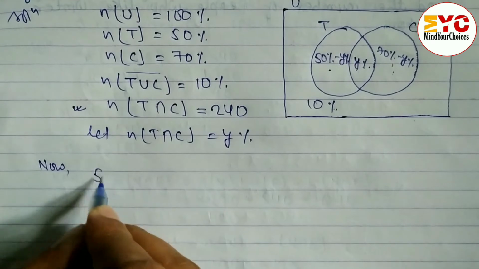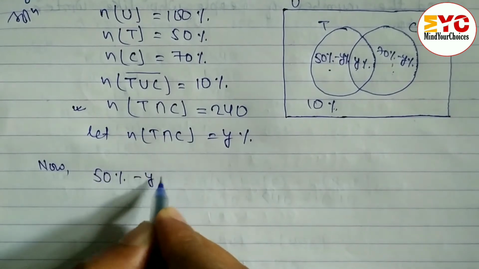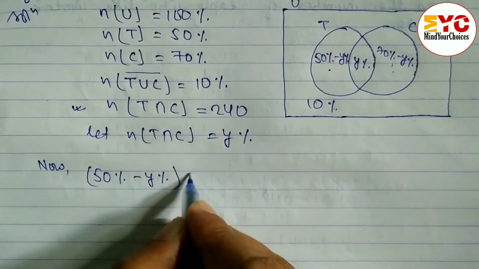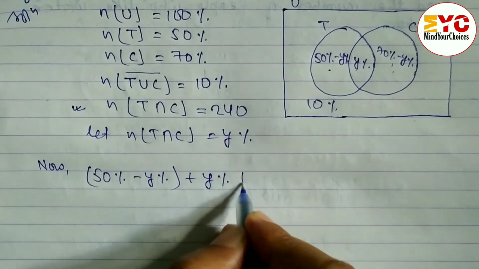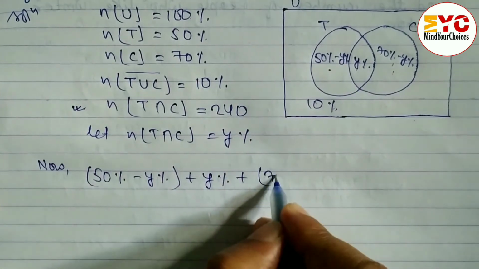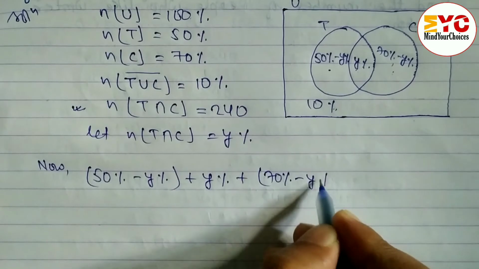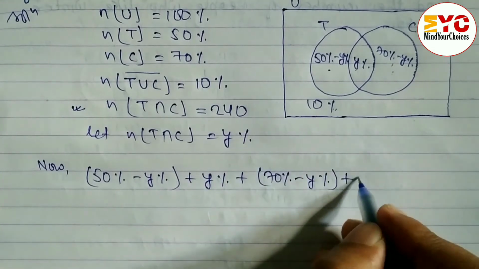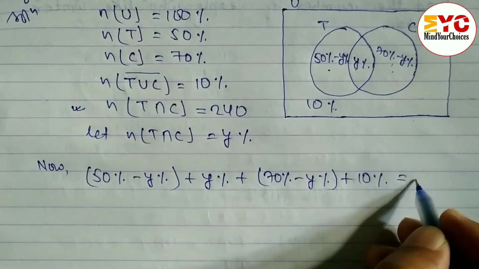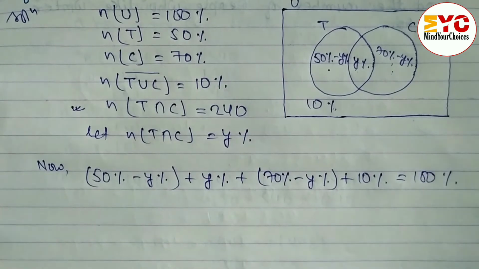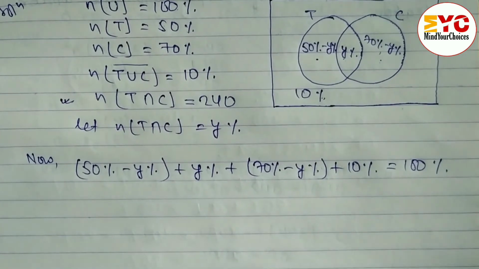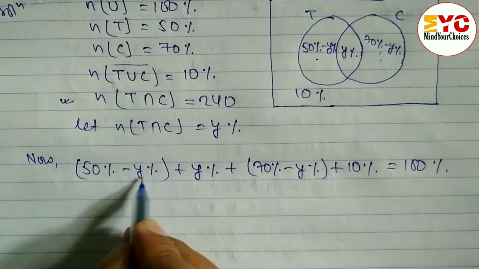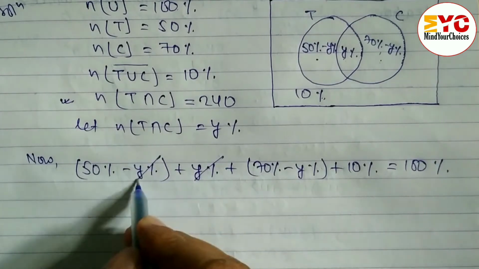So let's add 50% minus y percent, plus y percent, plus this one 70% minus y percent, plus this 10%, is equal to how much? 100%. Total means always 100%. Now here y percent is negative and here positive, so we can cancel.